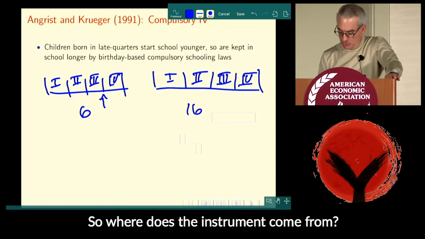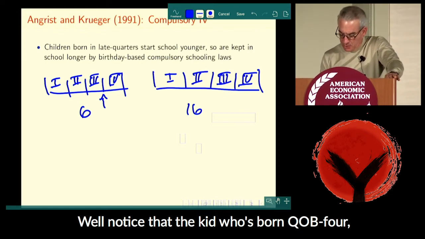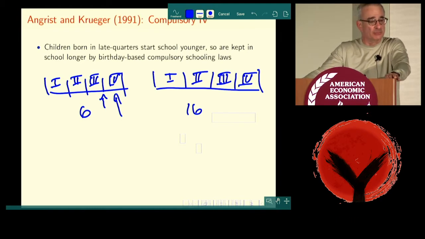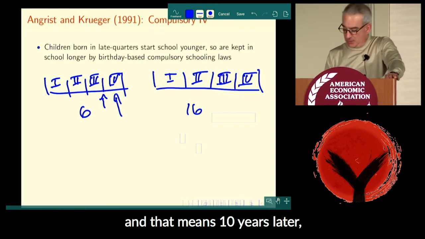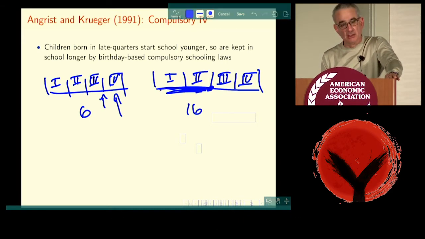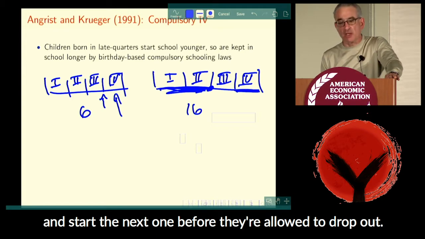Okay, so where does the instrument come from? Well, notice that the kid who's born QOB 4, quarter of birth 4, is young when they start school. And that means 10 years later, they have to finish the school year and start the next one before they're allowed to drop out.